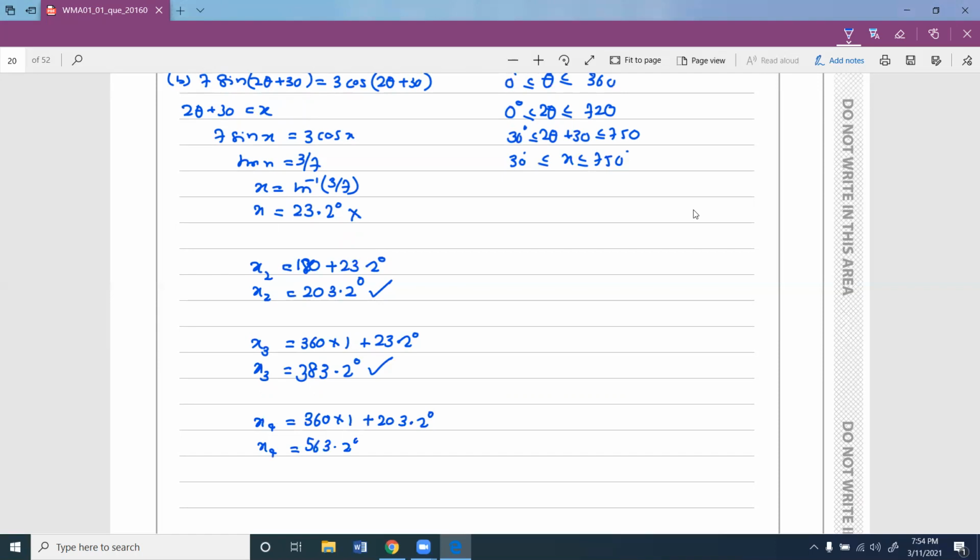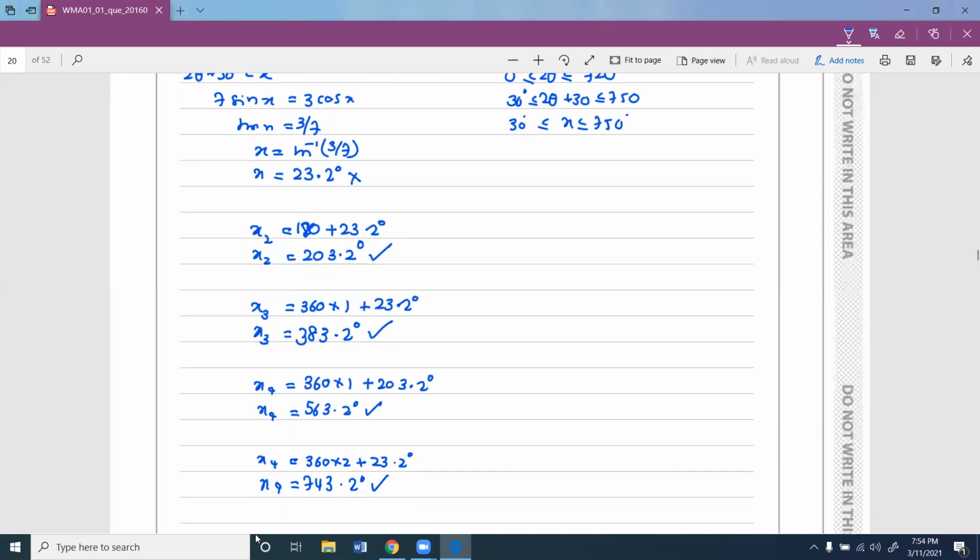This one is also within the range. Let's go a little further: 360 into 2 plus the first angle gives 743. That one is also within the range. Therefore, we can obtain four solutions.